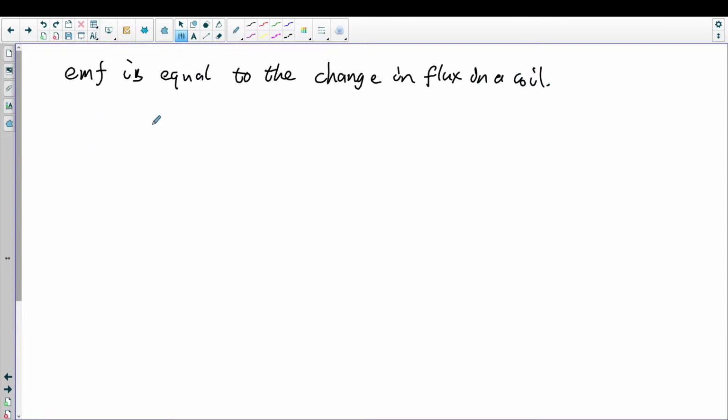Which means he found that EMF is equal to the change in flux over time. And for those who are calculus savvy, we're assuming the change is constant, but it's not necessarily constant, so it's the derivative of flux over time.